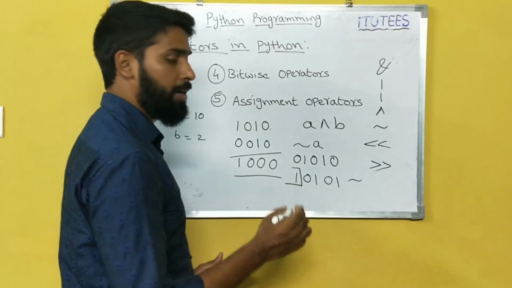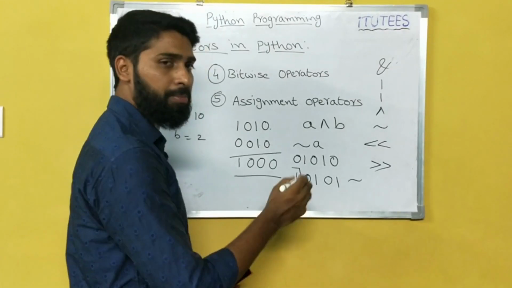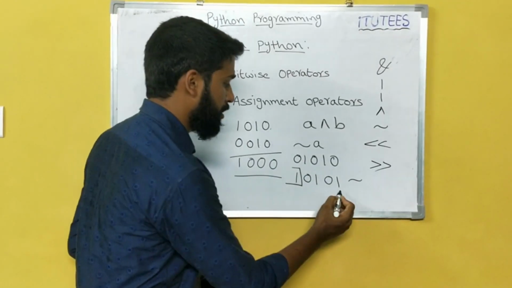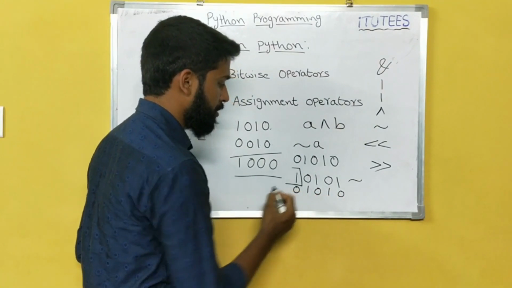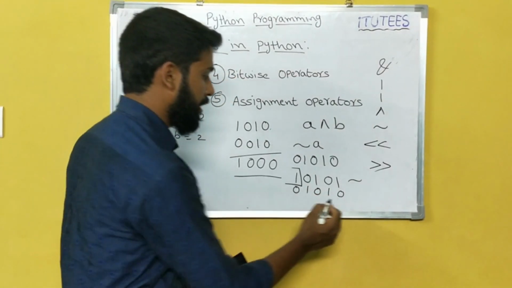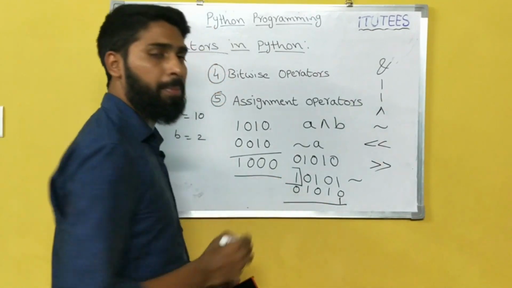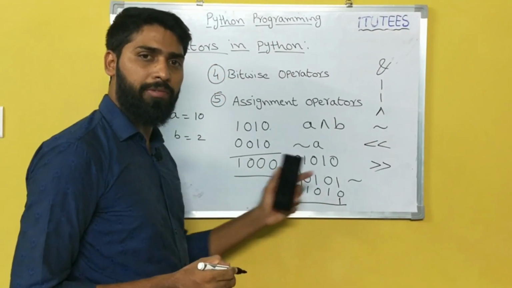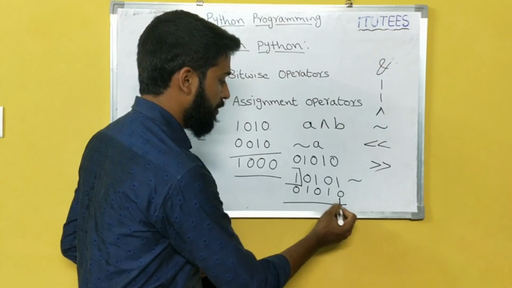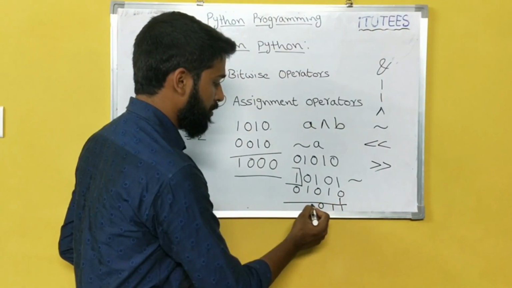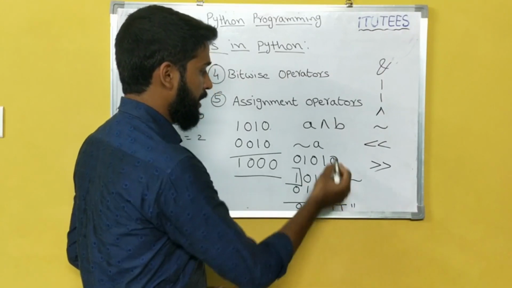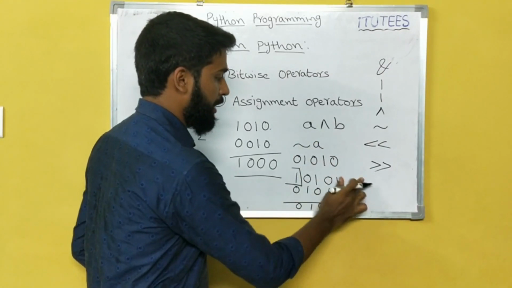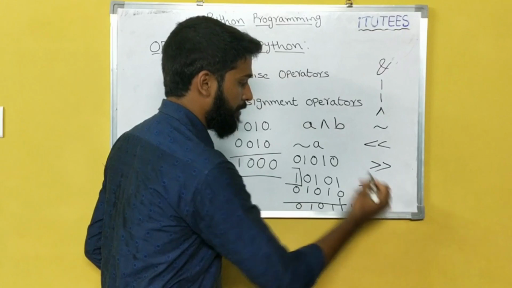We first find the 1's complement, that means 0 becomes 1, 1 becomes 0, and add 1 to the 1's complement. What is the number? 11. That means the negation of a returns minus 11.